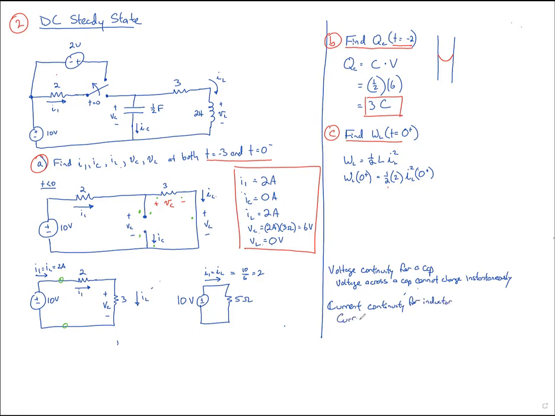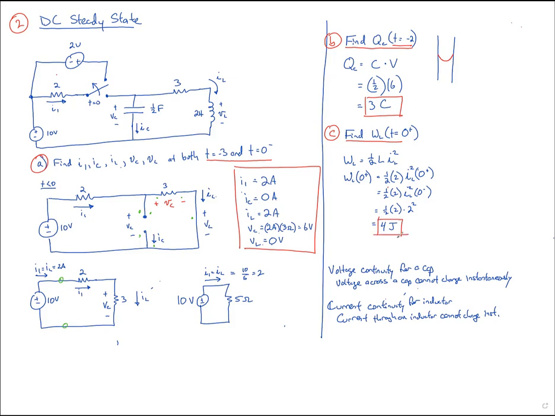And that's that the current through an inductor cannot change instantaneously. So in other words, although I don't know the current at times plus, it's got to be for an inductor, and only for an inductor, the same as the current at time 0 minus. And we already figured out over here, it's going to be 2 amps squared. So that's 4 times 2 is 8, divided by 2 is 4 joules.